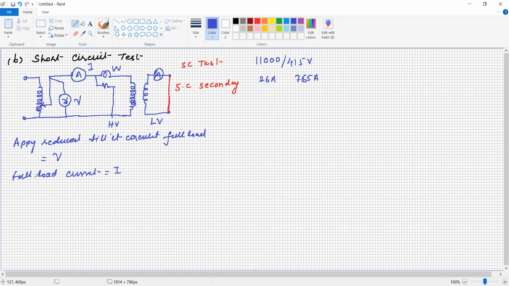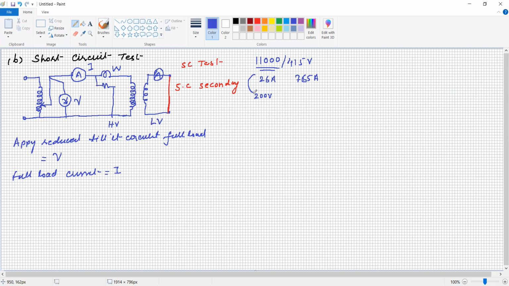So I, okay, and power. Say here it is 11 kV, whereas we are applying only 200 volt. So the iron losses which take place at 11 kV and the iron losses which take place at 200 volt are very small. It is negligible.